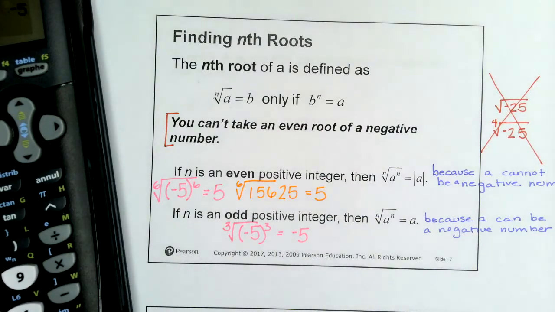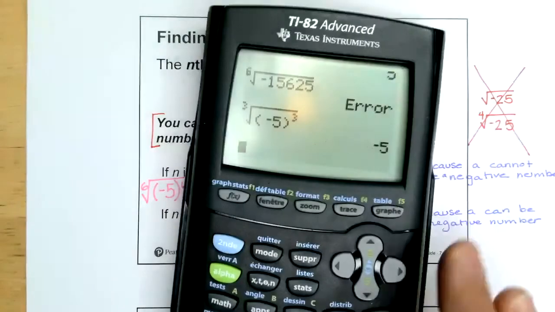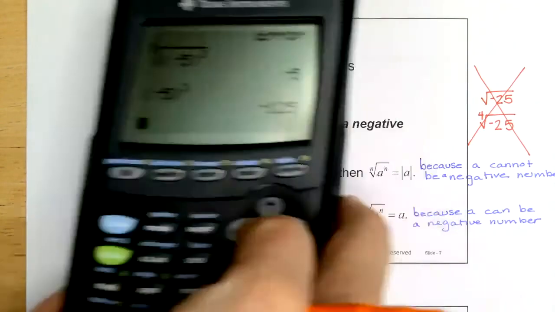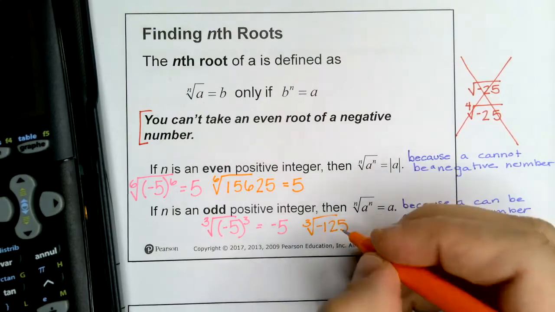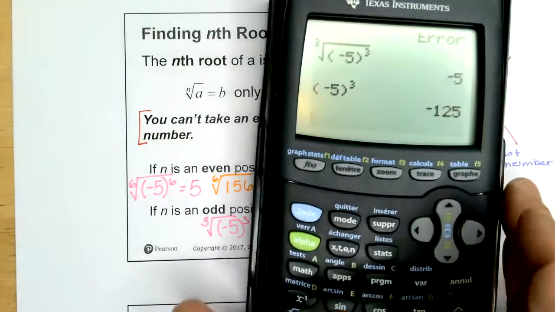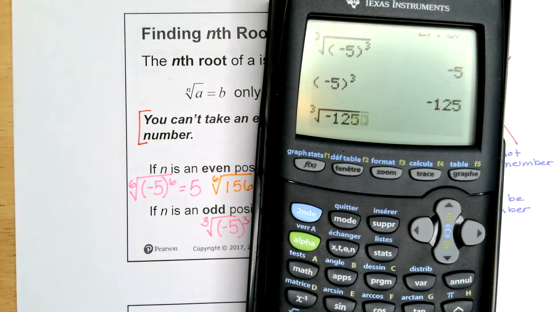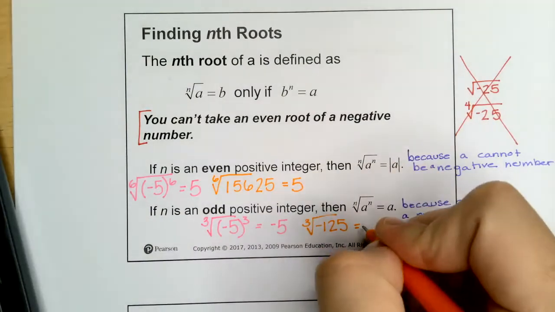That was okay, because -5 cubed is a negative, and I'm allowed to take the cube root of a negative number.